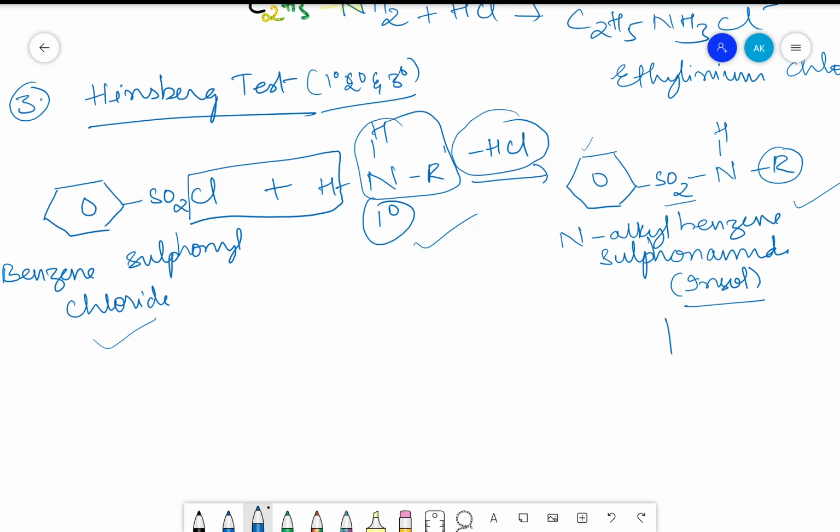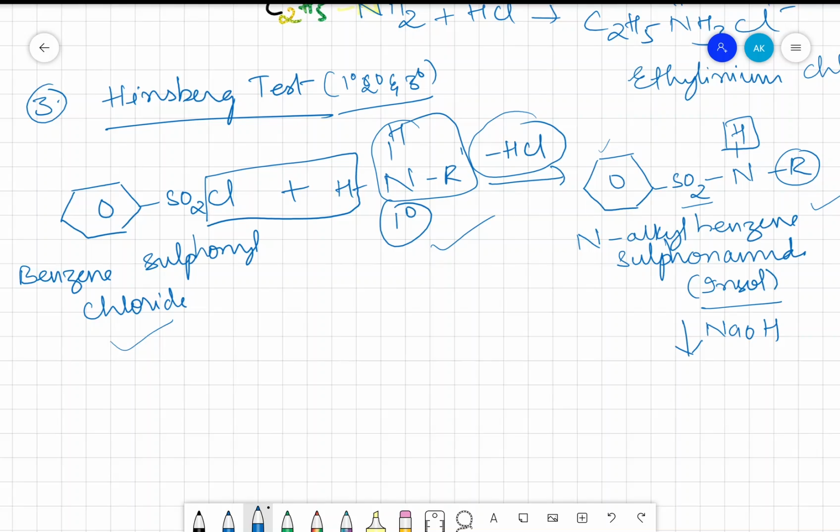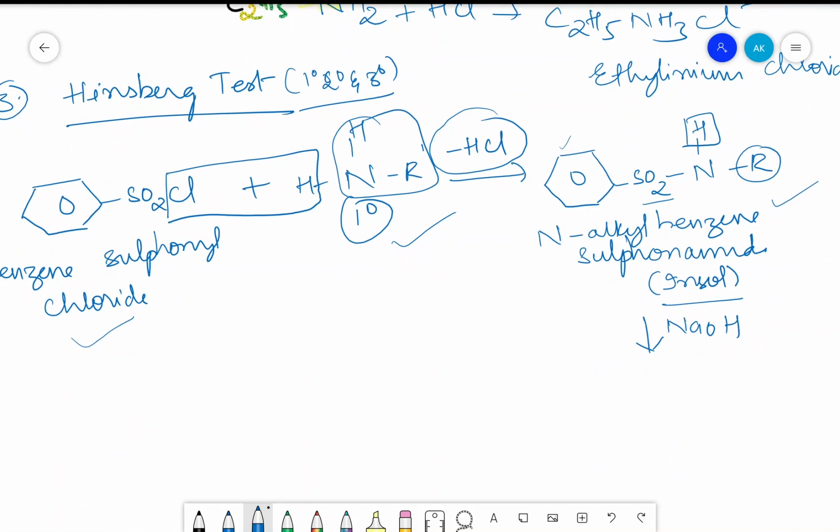Next step to this will be, in the presence of a base, the particular hydrogen which is remaining here will be removed. This H will combine with OH to be removed as water, and this Na will form a salt.